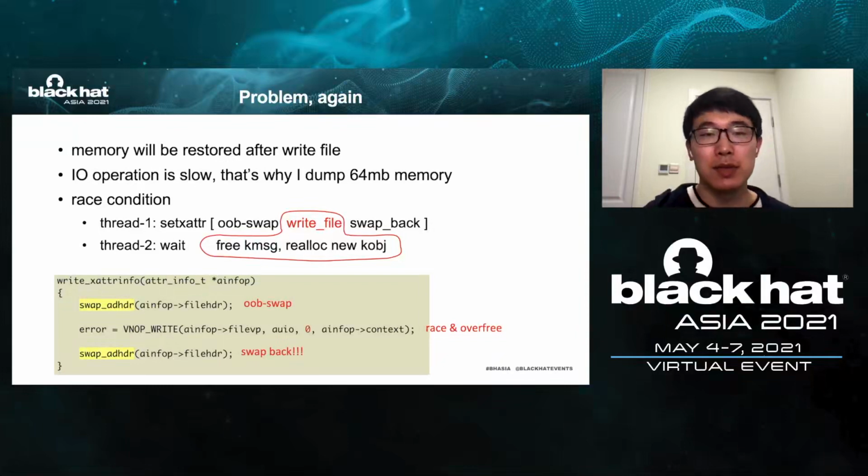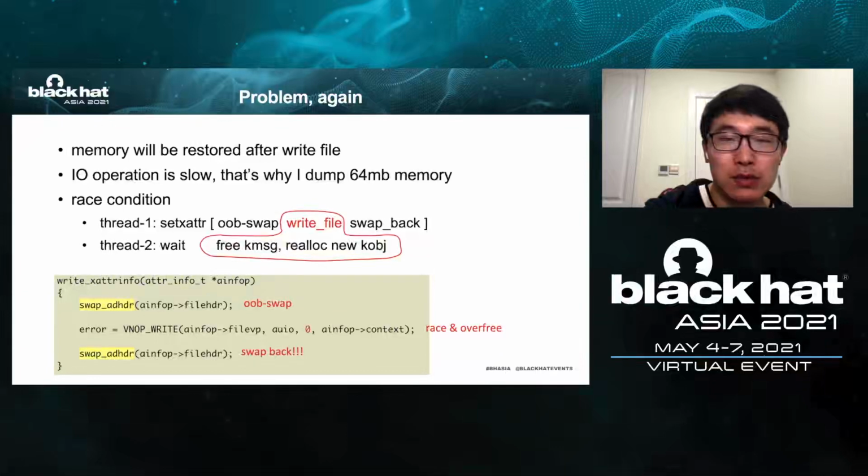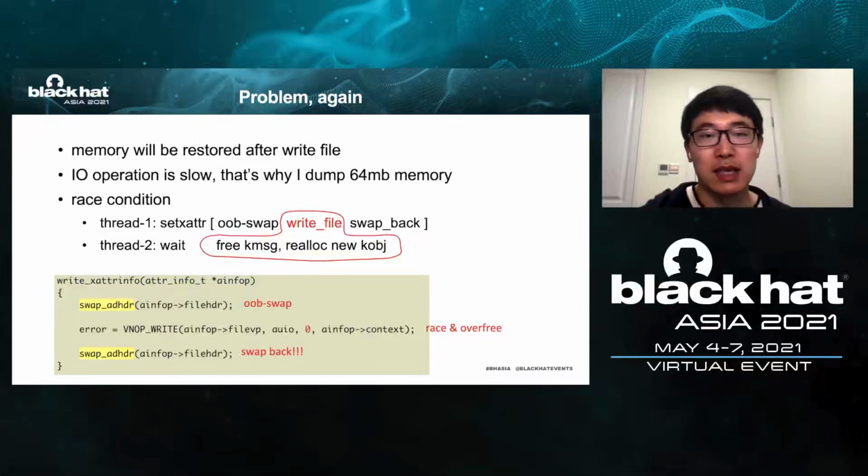There is a problem here. We have no way to detect when the OOB swap has occurred and when it ends. And so it is not easy to determine when to destroy the key message. A syscall usually costs only a few microseconds, so the suitable time window is very small. Then what should we do?